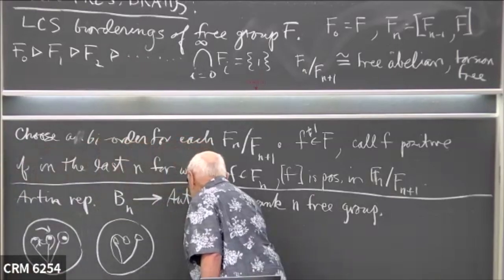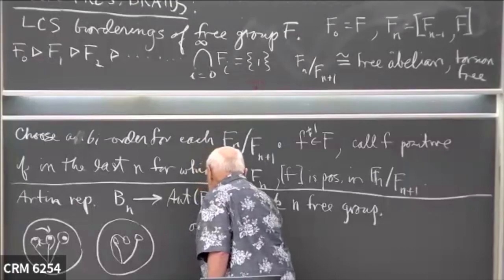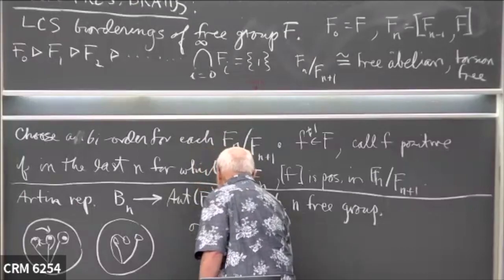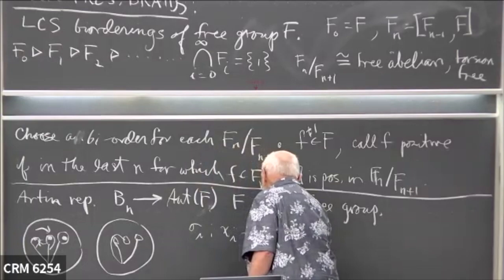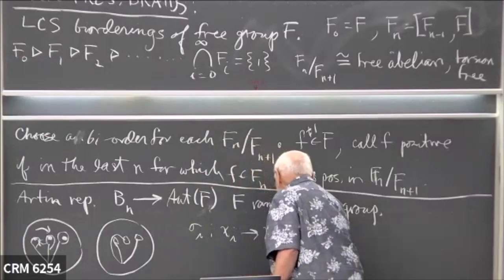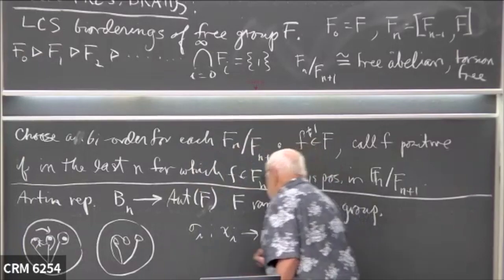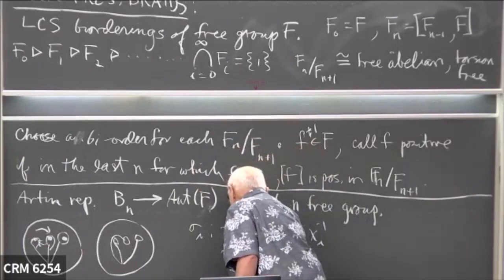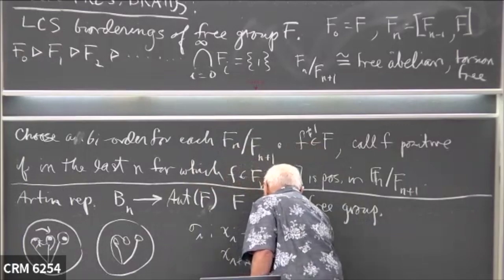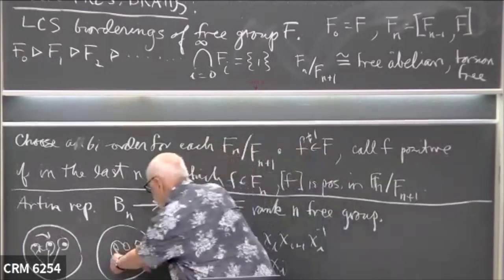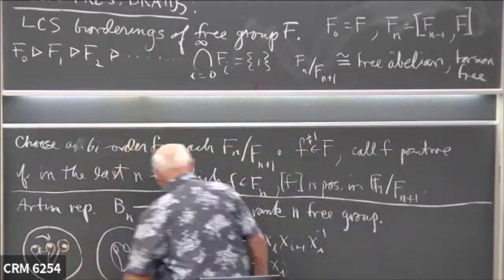Sigma i takes xi to xi plus 1, and xi plus 1 goes to xi inverse xi plus 1 xi. You can see how this works in case i equals 1.